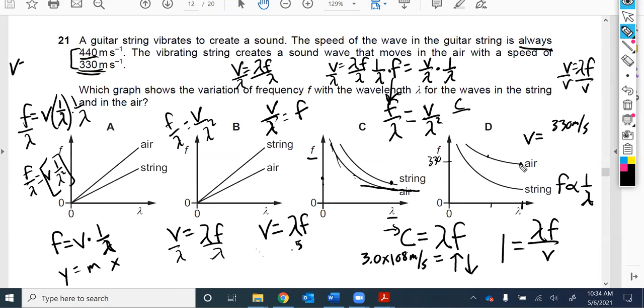So we take this number and multiply it by this number and get 330, and take the same number and multiply it by a lower frequency. So if we choose a given value for lambda and say, okay, let's consider this one.